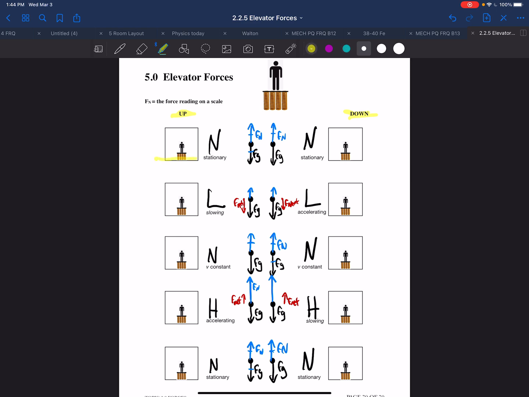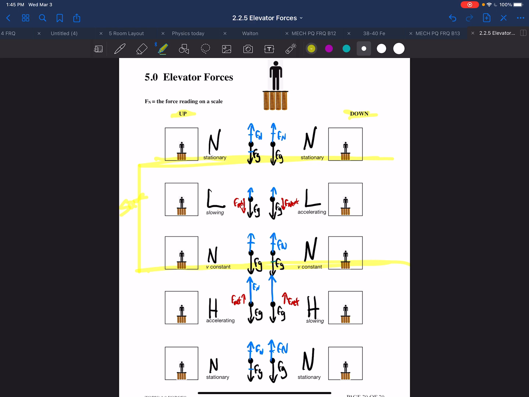We can see here when we're stationary at the top, that's not a surprise that everything would be exactly the same. It would read normal, the forces would be balanced, there'd be no net force. It would be similar in the midpoint when we're traveling at constant velocity as stationary. Notice that the free body diagrams look the same.